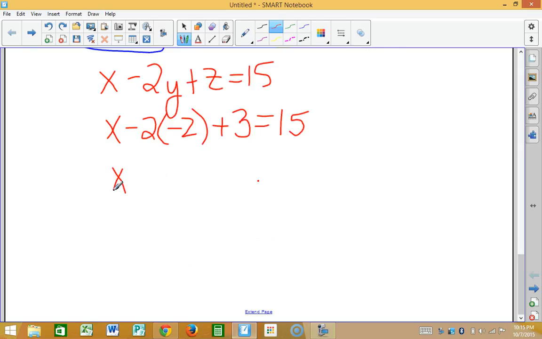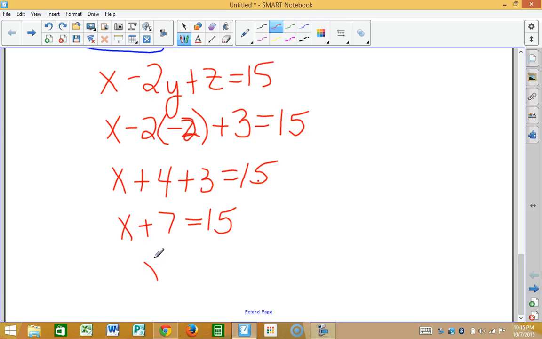So x plus, again, it's a 2. Kind of looks like a z, but it's a 2. 2 times 2 is 4 plus 3 equals 15. So x plus 7 equals 15. x equals 15 plus 7, which is 20. Sorry, I said 15 plus 7. 15 minus 7, which is 8. So there's our third part to our answer.